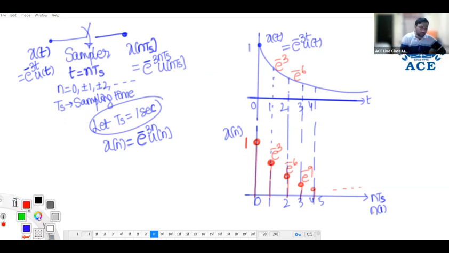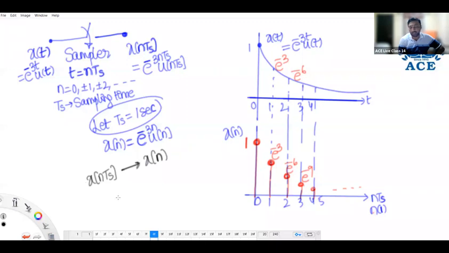See, sir, one more thing. In our textbooks, if you write x of n, it stands for x of nTs. If you write x of n minus 1, originally it stands for x of nTs minus Ts. Don't have a wrong thought that if you take this notation, we assume Ts as 1 second. That is wrong thinking.